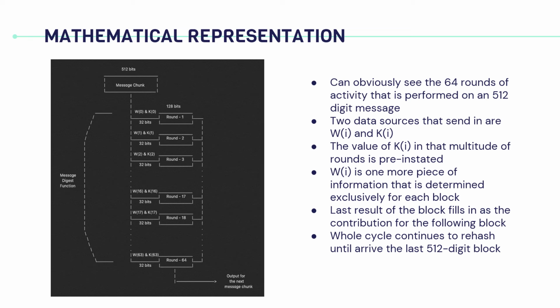The whole cycle continues to repeat until you arrive at the last 512-bit block, and you then consider its result as the last hash digest. This digest will be of the length 256 bits according to the name of this algorithm.